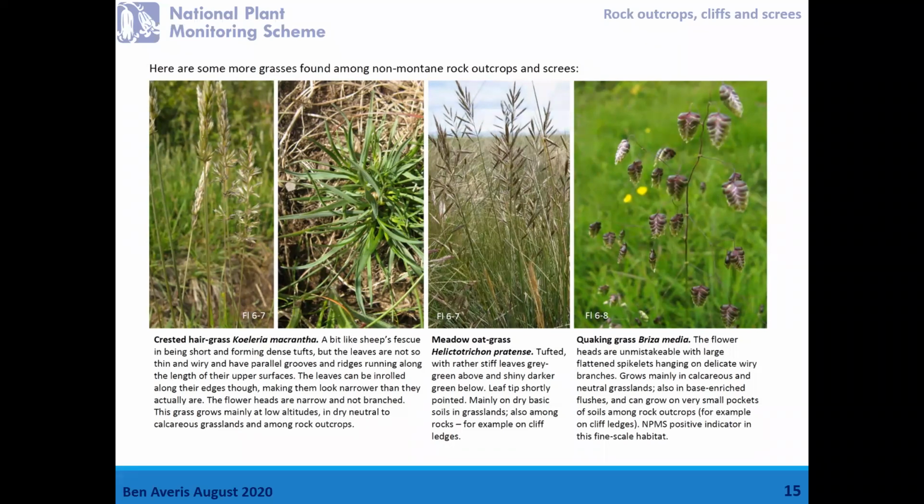Meadow oat grass, they've changed its name, and what I put there is not the most recent name. We now have to call it Helictocloa pratensis, although if you write Helictotrichon, people will still know what we mean. It's also gone in the past by the name Avenula pratensis.